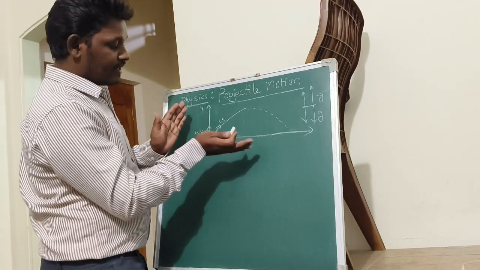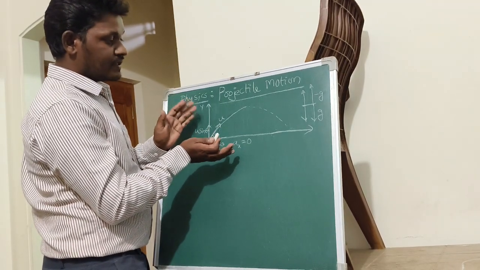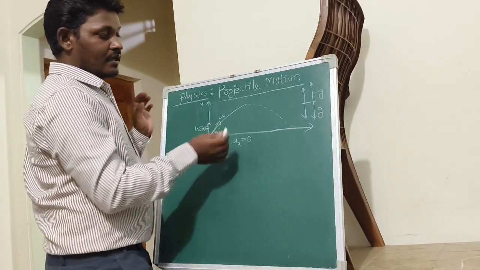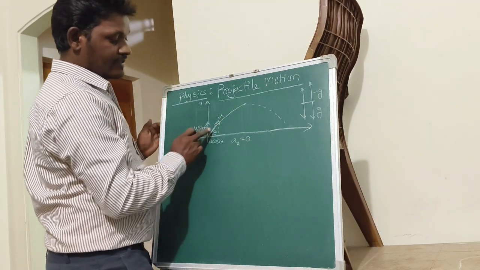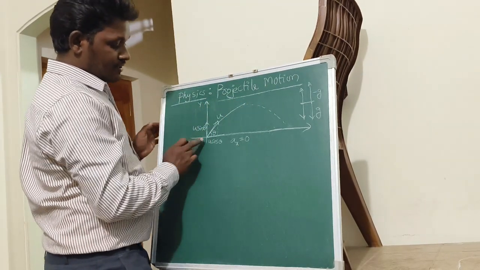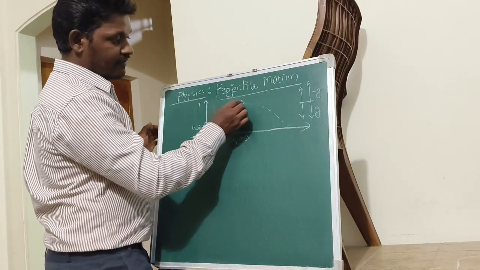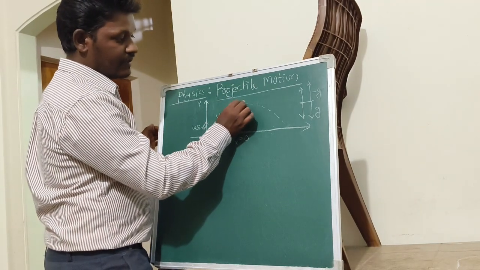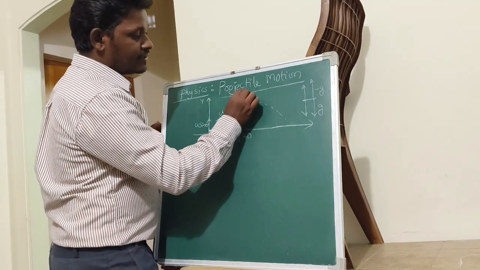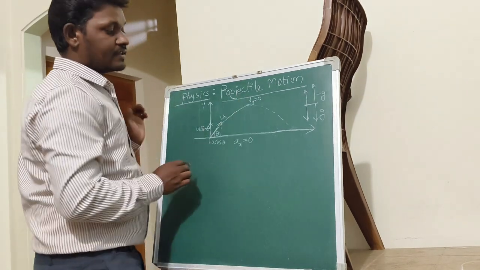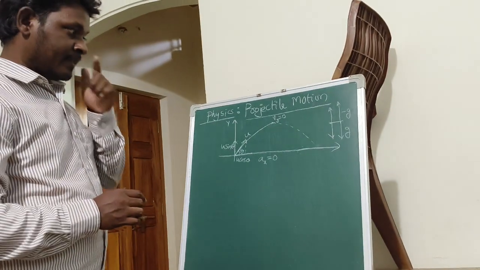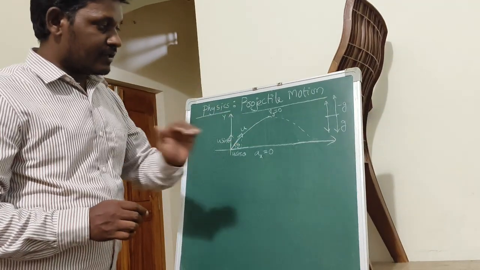These two x and y axis motions are independent motions. So this is the initial velocity, and the final velocity along the y direction is Vy equal to 0 at some point, which is called the maximum height. After that it starts coming downward.